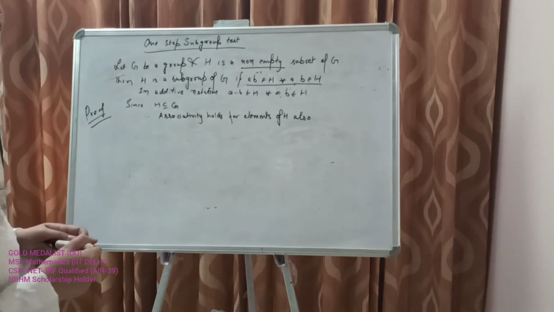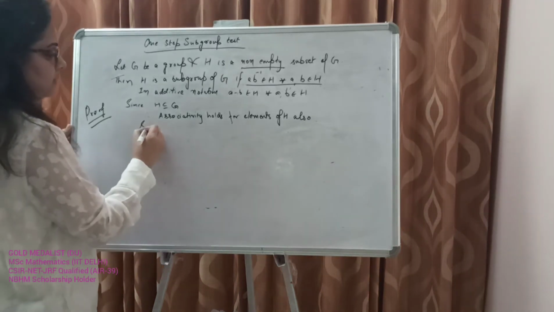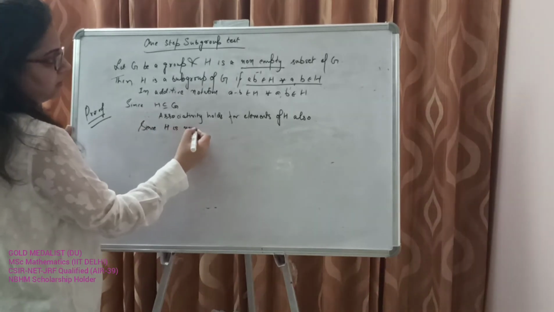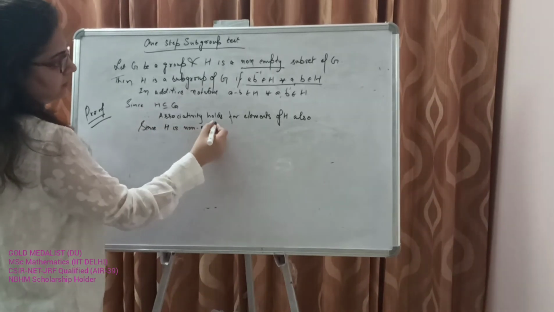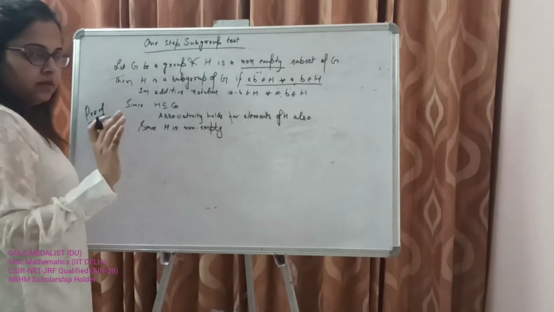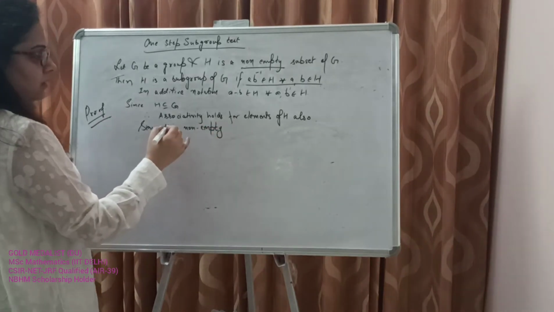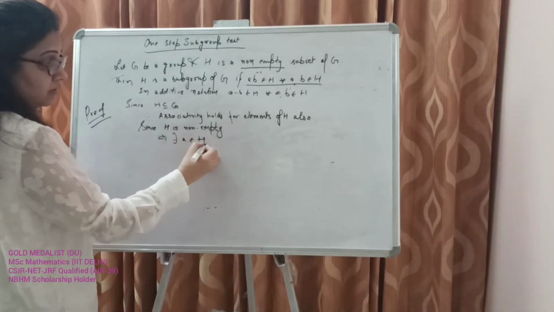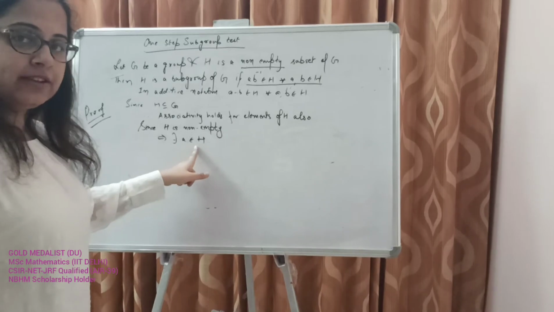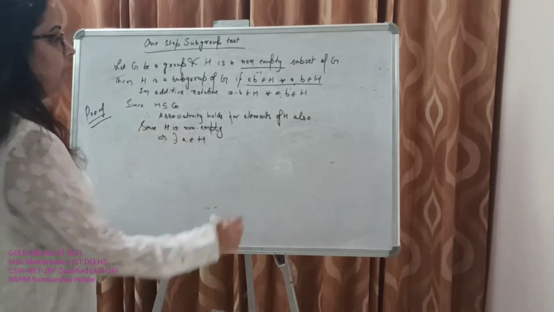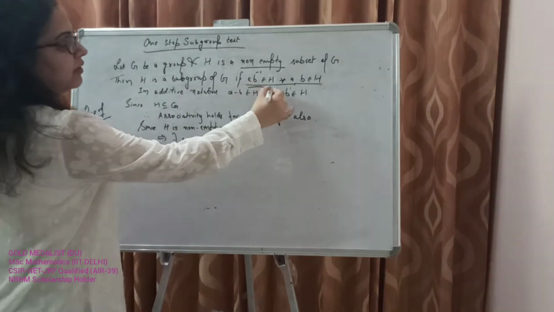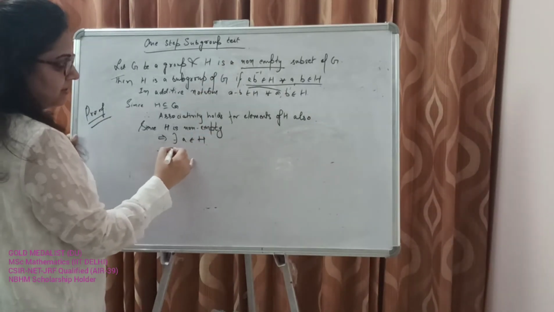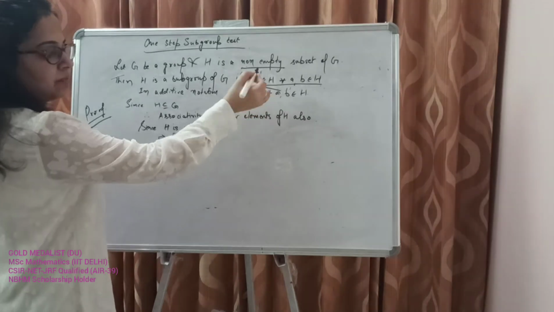Since H is non-empty, there exists a belonging to H. We are already given that ab inverse belongs to H, so let us replace b with a only.